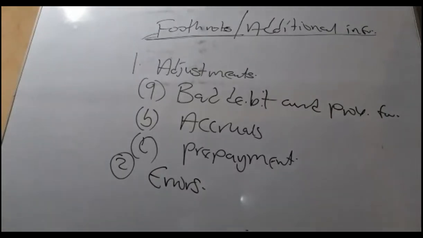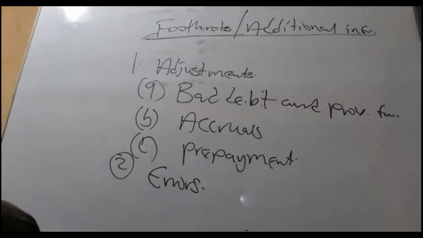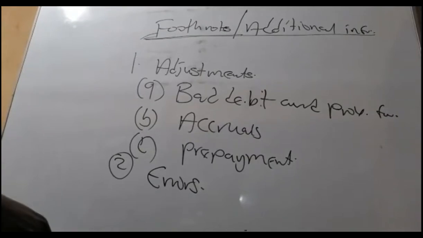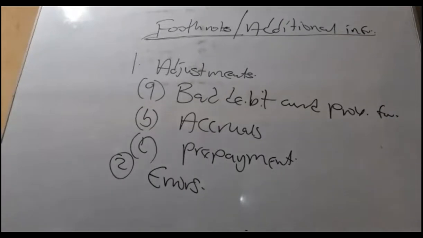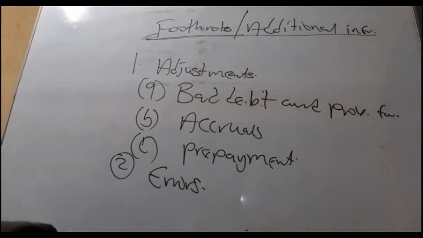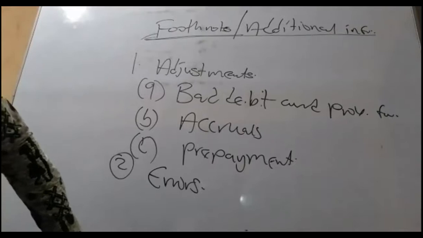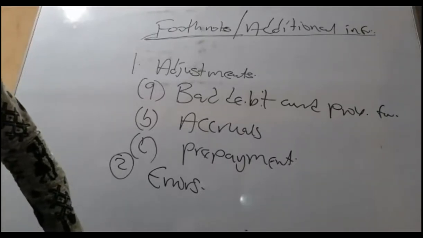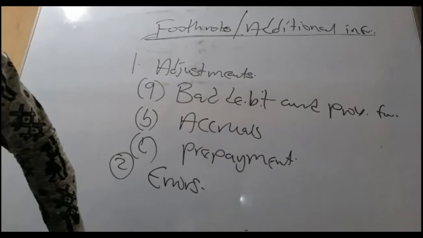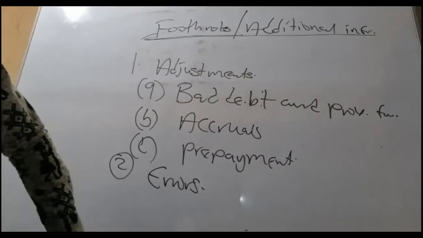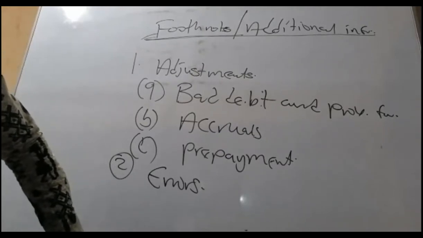Maybe they've treated some of the items wrong, and they will inform you that they sold a motor vehicle and they've added the proceeds to the sales, which is not true. If you sell a motor vehicle, it shouldn't form part of the sales. Why? Because that is not what you do business in. So we have to reverse it.